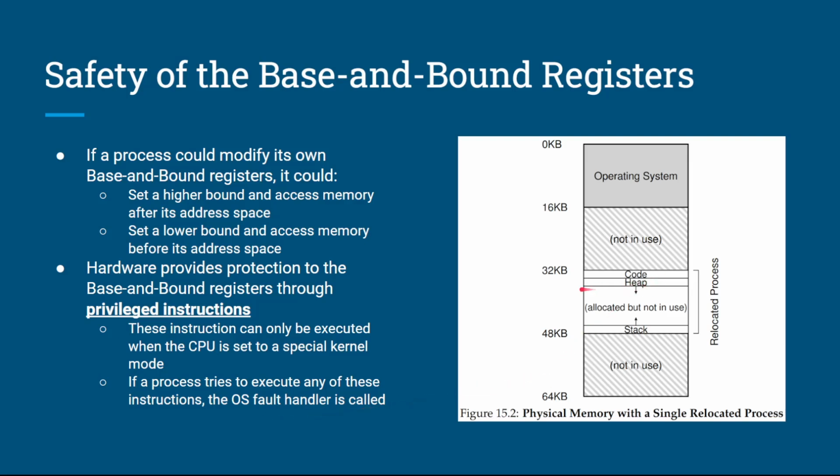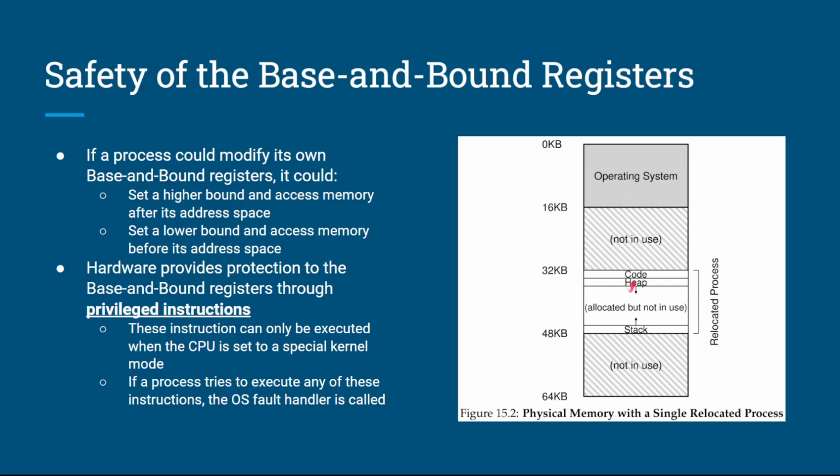When a system call is made or an interrupt happens, that returns control to the operating system, and the operating system will be switched into kernel mode. When the operating system is in kernel mode, it can access these privileged instructions, which allows it to modify the base and bound registers. This is necessary because the operating system may need to switch the process context.